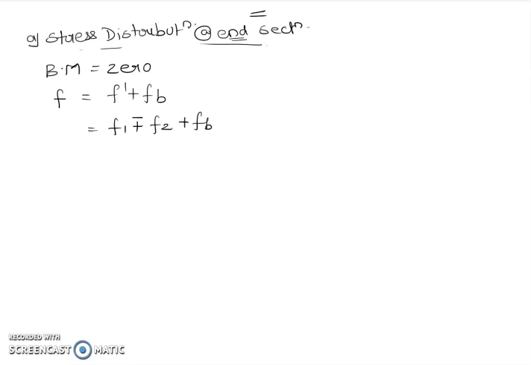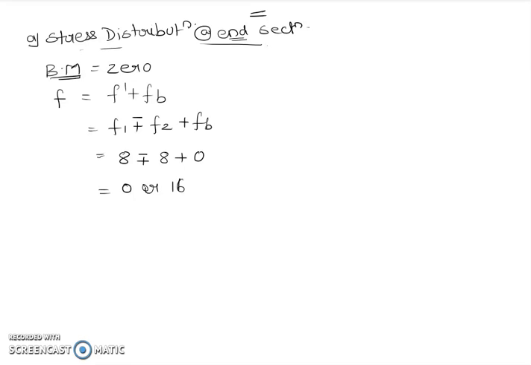Value of F1 is 8 minus or plus 8 and FB is equal to 0. That is, bending moment is 0, so value of FB also will be equal to 0. So either 8 minus 8 it will be 0 or 8 plus 8 it will be 16.